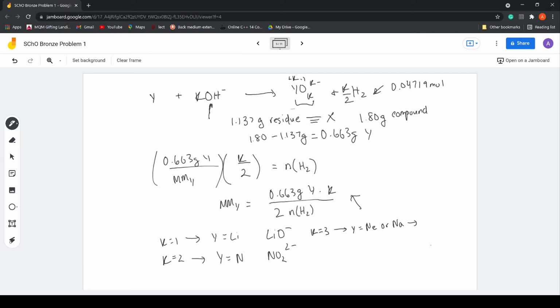It's not a very good calculation. And neither of these would form a +3, because if K equals 3, that means we're ending in a +3 oxidation state. Sodium would form a +1 oxidation state. Neon would be very unreactive, so that doesn't make much sense, because neon's a noble gas. If we did K equals 4, we get Y equals silicon.